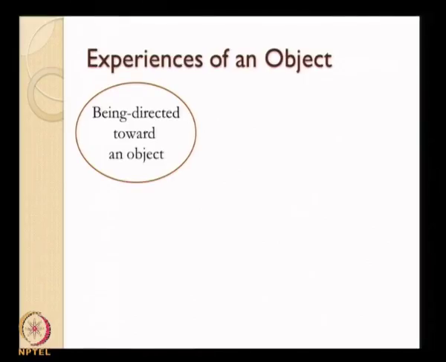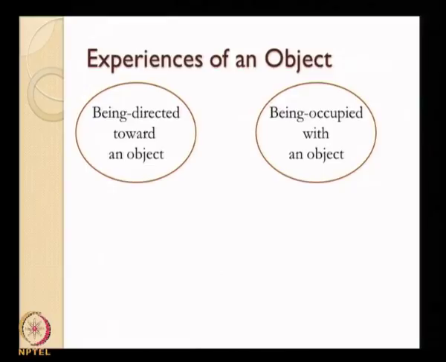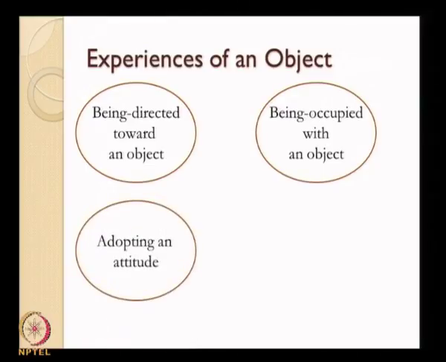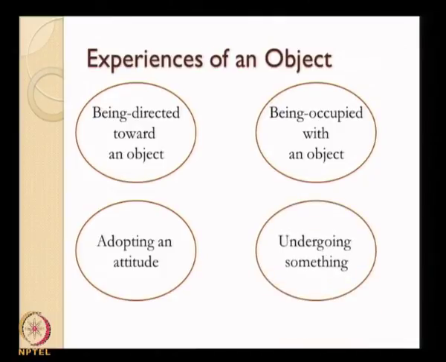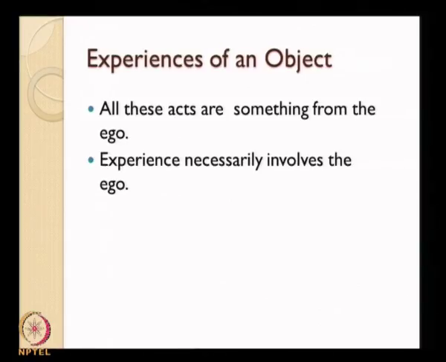So, we can have different types of experiences of an object: being directed towards an object, for instance, being occupied with an object, adopting an attitude towards something, undergoing something. All these are connected with our experiencing an object, and all these acts are something from the ego. So, they all presuppose the ego, they are all something that happens to the ego.